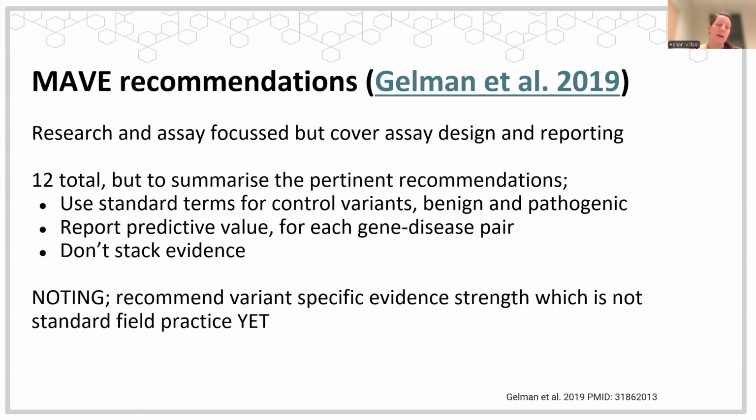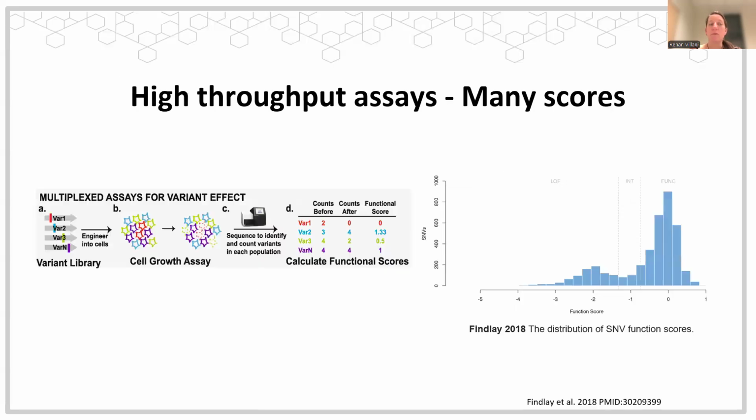And they point out not to stack evidence. We'll get back to this when we talk about combining assay evidence. Now, it's important to note that in this paper, they recommend variant-specific evidence strength calculation, and this is not really standard field practice yet. We're going to show you how to calculate category-specific evidence strength through an assay and how you apply that for a specific variant.